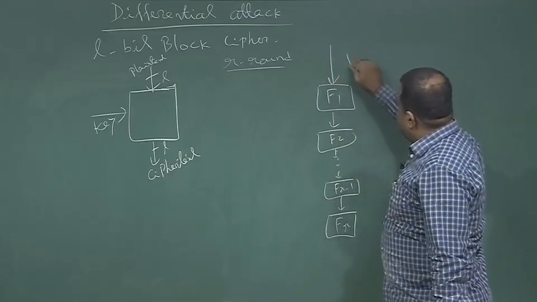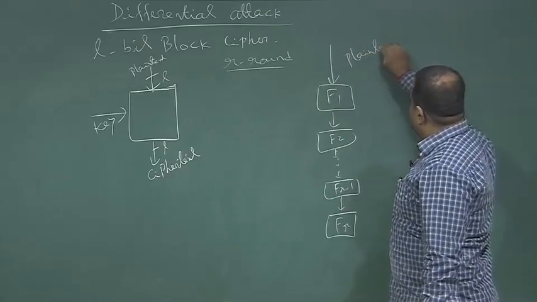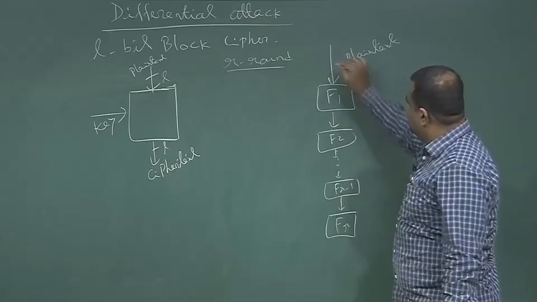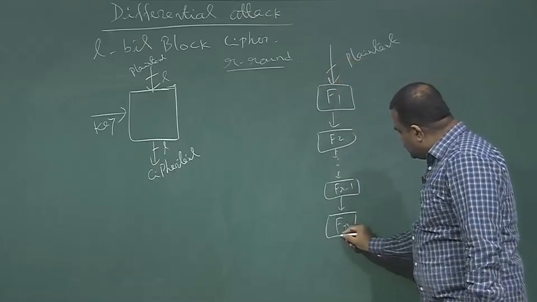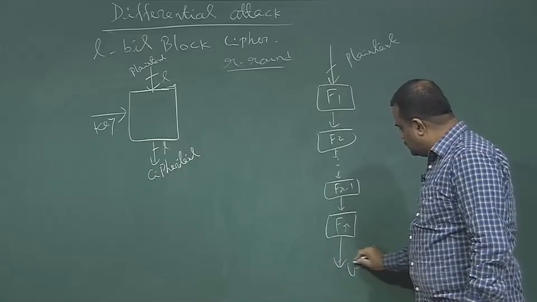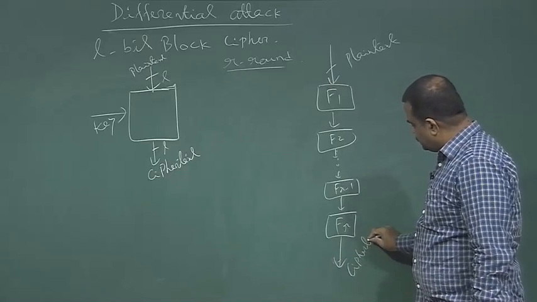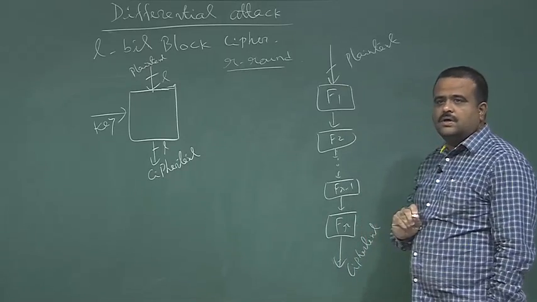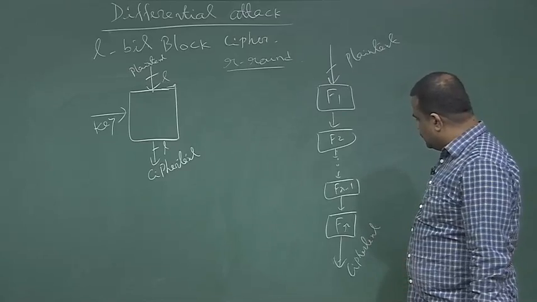So, this is the plain text which is the input of the first round, this is L bit, and this is the ciphertext which is the output of the last round, or rth round.